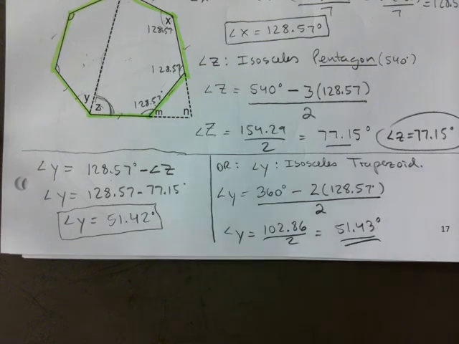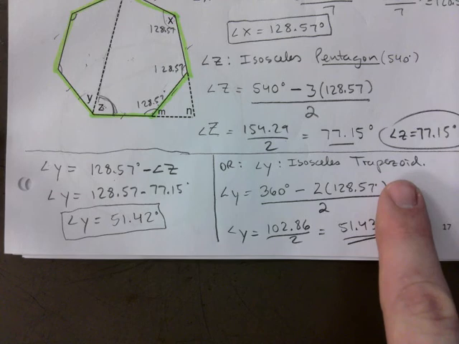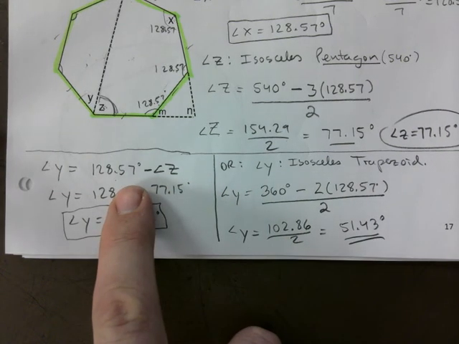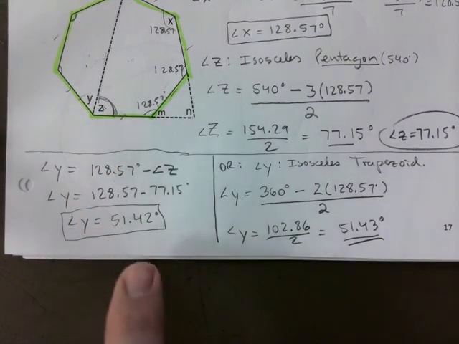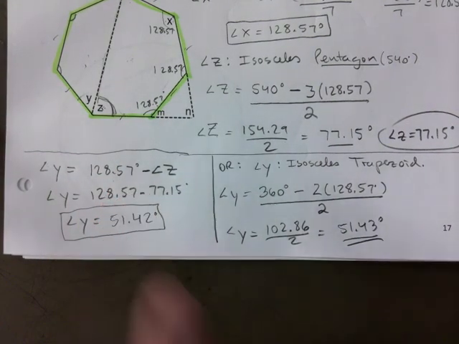I will recognize that, and it's just because of the rounding that we perform. Okay. So either way, using the trapezoid or just using the fact that both angles that meet at that interior angle add up to 128.57. So it's just a subtraction there.